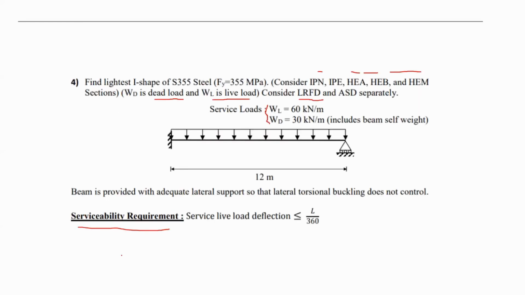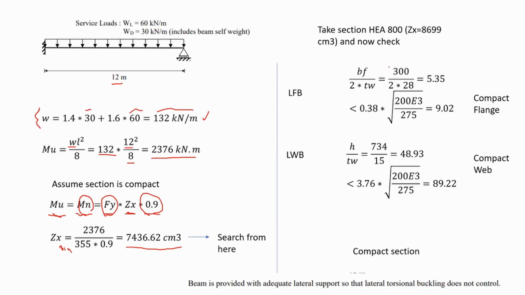And it said to us previously that you have to check IPN and all these other sections. So to save time, I just picked one of the sections, and I'm going to continue with HEA 800. In this section, the plastic modulus is equal to 8,699 centimeter cubed.